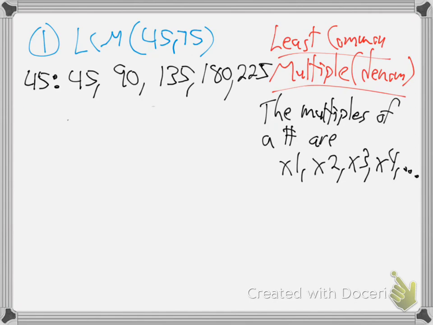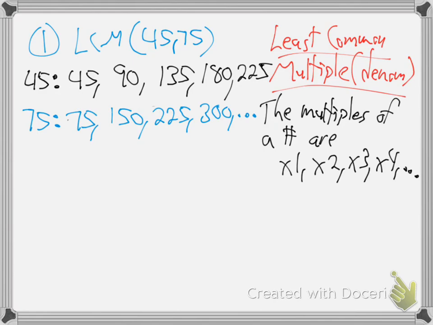Now let's do it for the 75. Let's list the multiples of 75. 75 times 1, times 2, times 3, times 4 would be 300, times 5, etc. They go forever as well. Are we good so far?